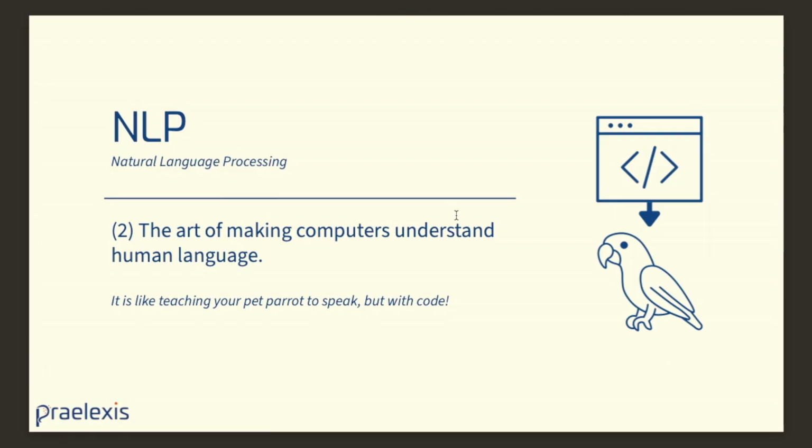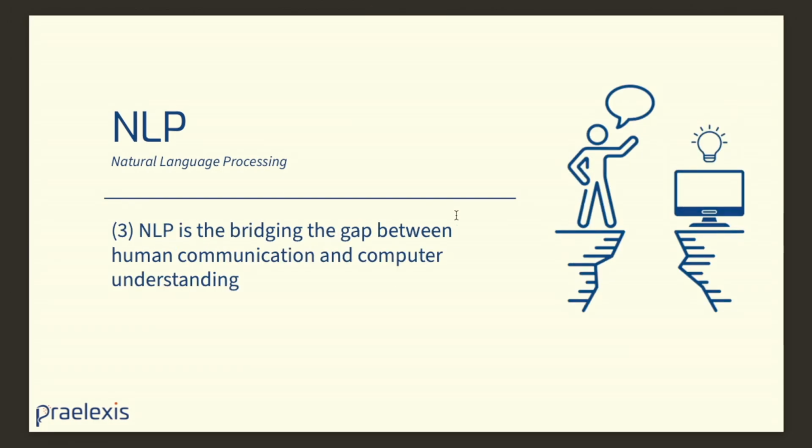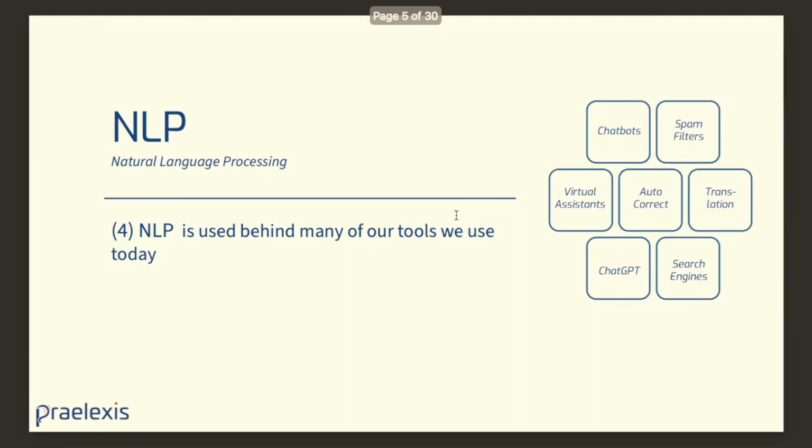It's the art of making computers understand human language, like teaching your parrot how to speak. And it's bridging this gap between human communication and computer understanding. It's behind so many of the tools that we utilize today, including autocorrect, your favorite search engines, virtual assistants, spam filters, and a bunch more, and then, of course, translation.